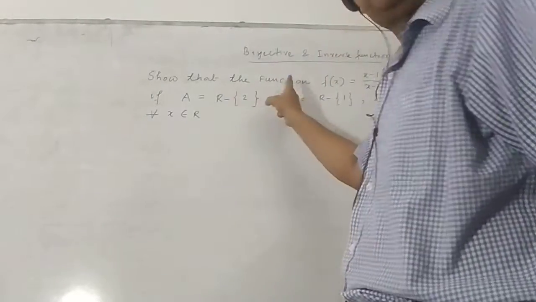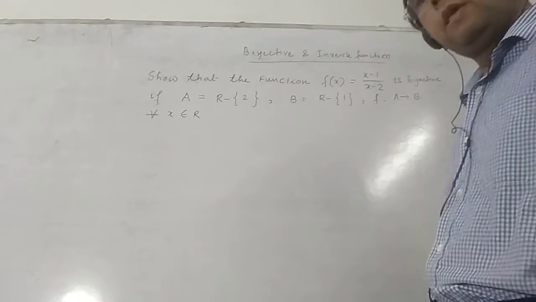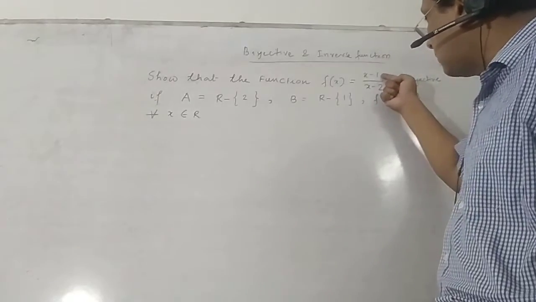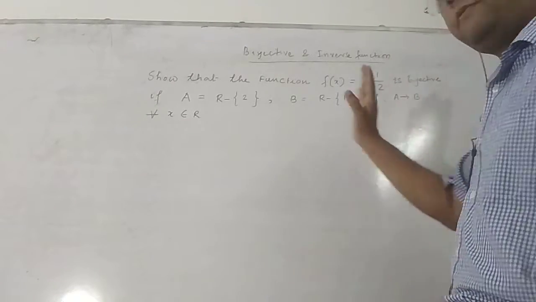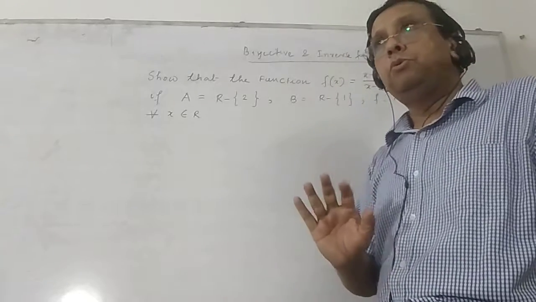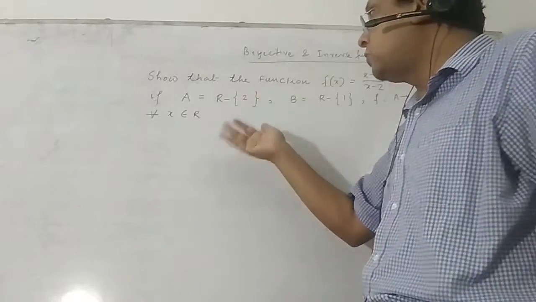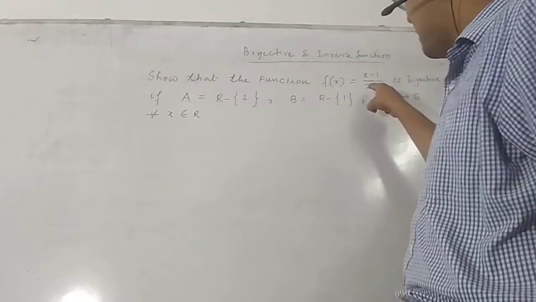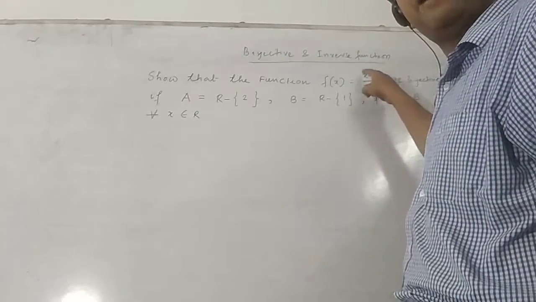Now, just see this question: show that the function f of x is equal to x minus 1 divided by x minus 2 is bijective. Two sets are given to you, as this function is valid for certain values of x. Here you see, if x is equal to 2, then this function is not valid, it is undefined.